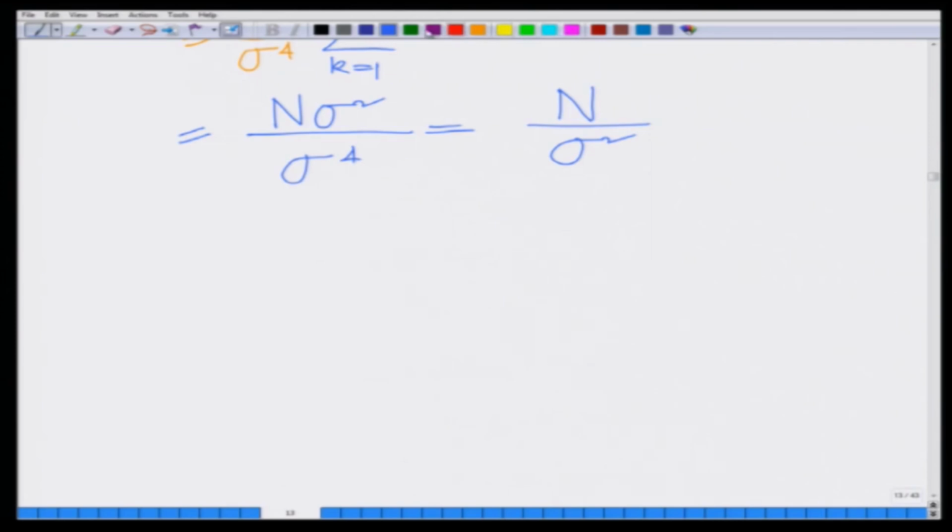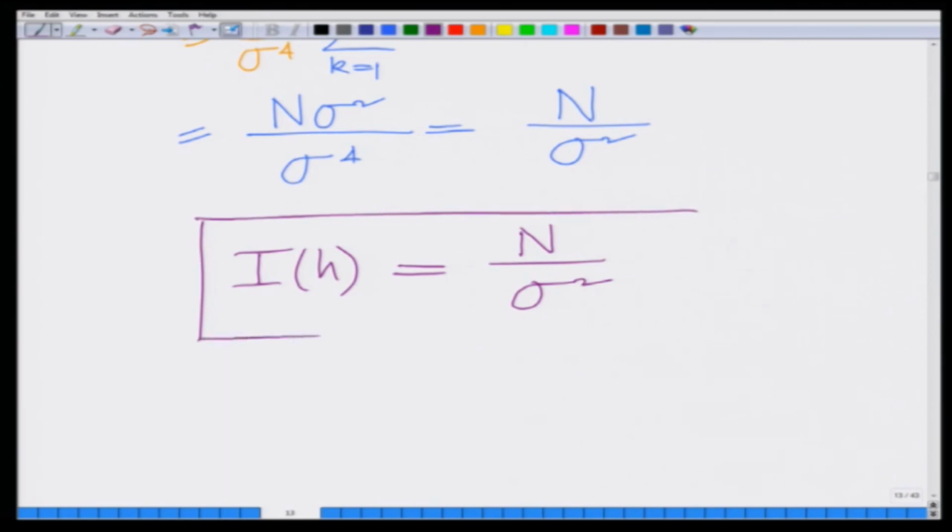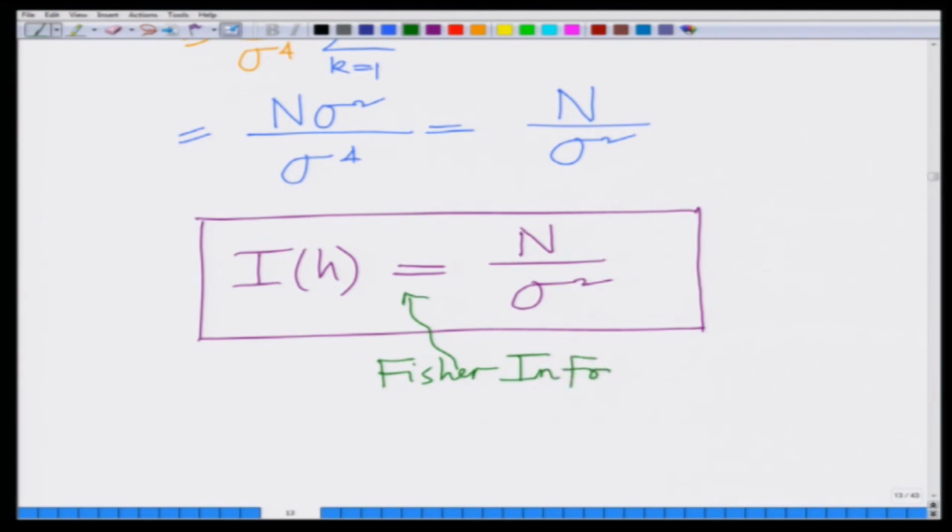What we have just established is that the Fisher information for this sensor network scenario is n divided by sigma square. This is the Fisher information of the parameter h.